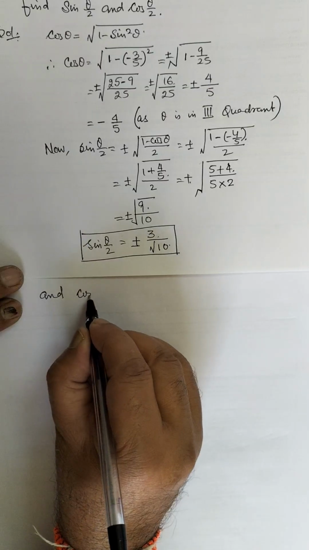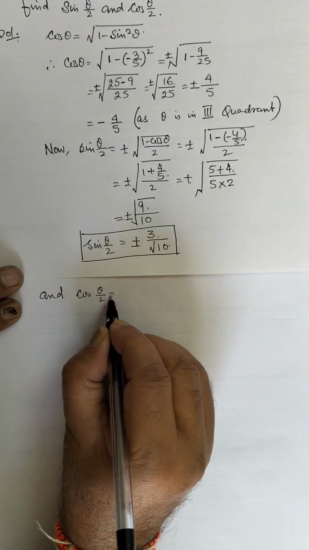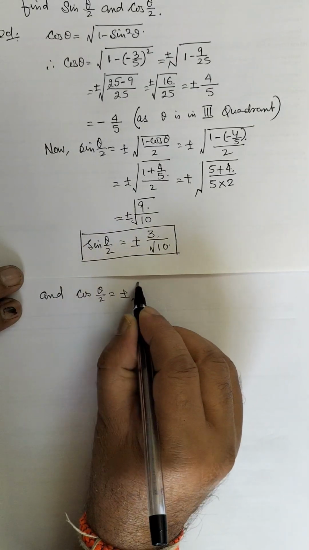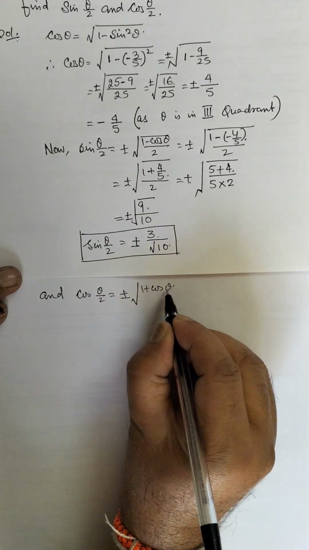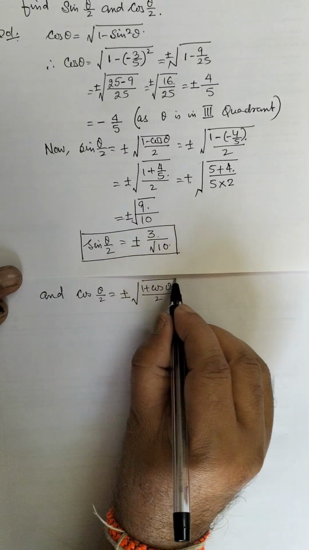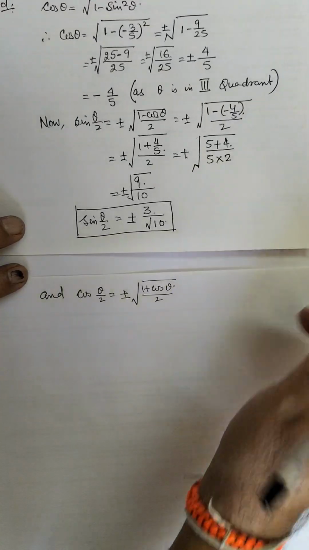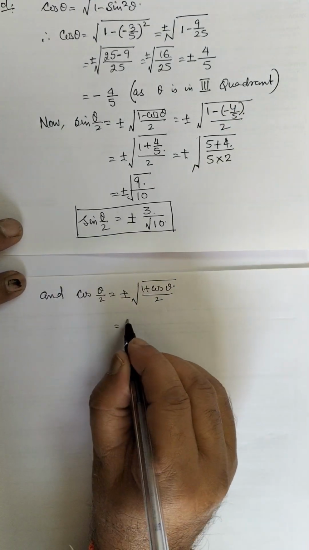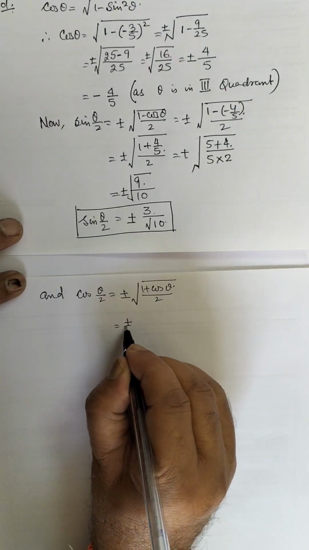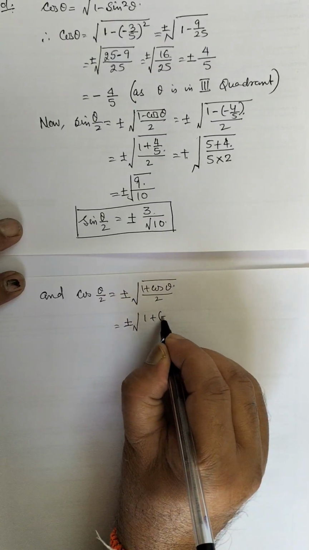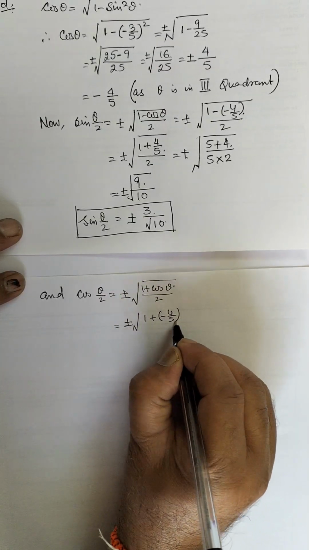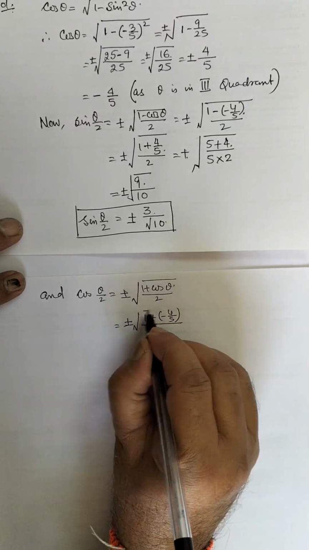Now we will find out the cos using the same formula, and cos theta by 2 is plus or minus root over of 1 plus cos theta by 2. I'll put the values: plus minus under root of 1 plus minus of 4 on 5 upon 2.